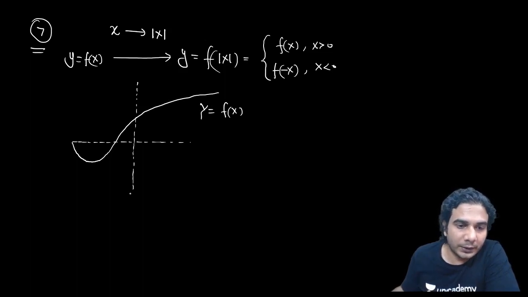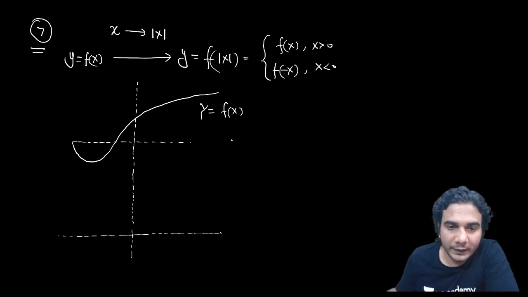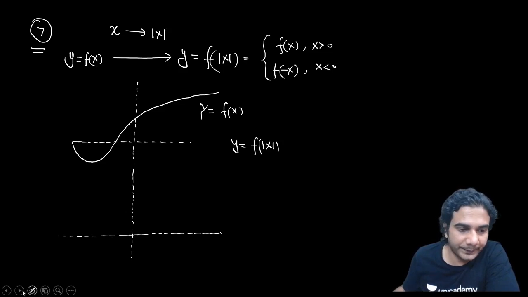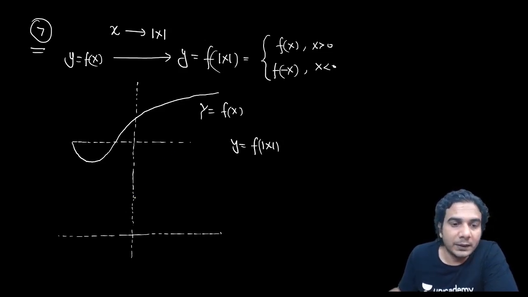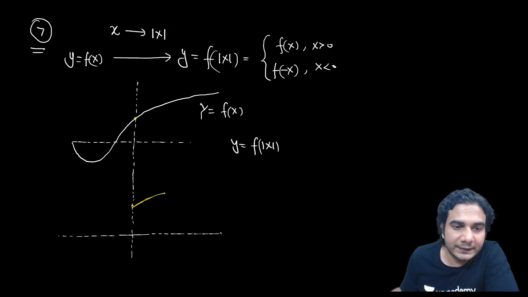Now you need to plot y equals f of mod of x. See what happens in this case. As I told you, let me draw it with yellow color. So this part will remain the same. This part which is on the right side of the y-axis will remain the same.